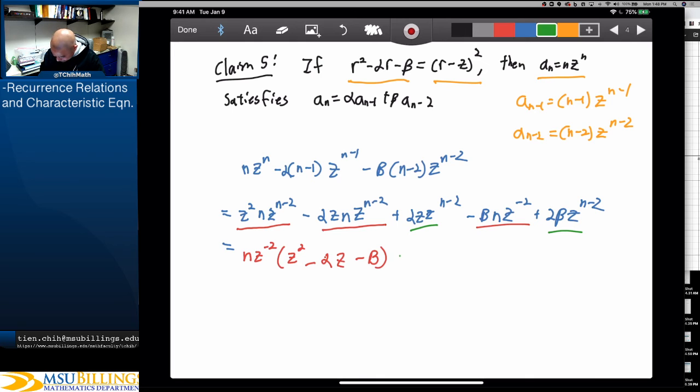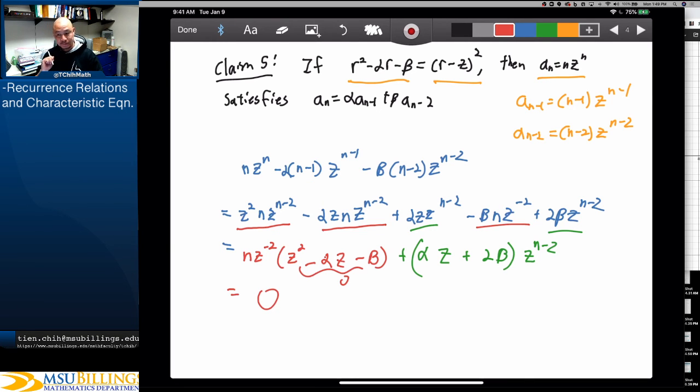And then putting the other pieces together, I get alpha minus 2 z plus 2 beta, times z to the n minus 2. Now the first thing we want to note, of course, is that by the same arguments as before, that's 0, so this whole first thing is 0.